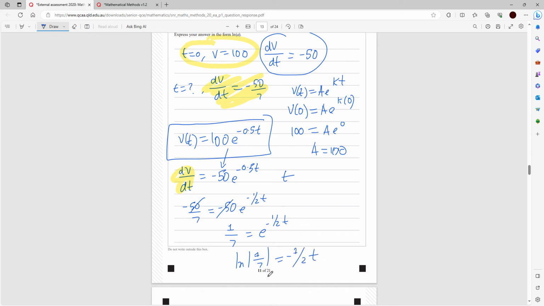So I have natural log of 7 to the negative 1 is equal to negative a half t, times by negative 2. So I have negative 2 natural log of 7 to the negative 1 equals t. Negative 2 times negative 1 is natural log of 7 squared, which is t. So the time is natural log of 49.